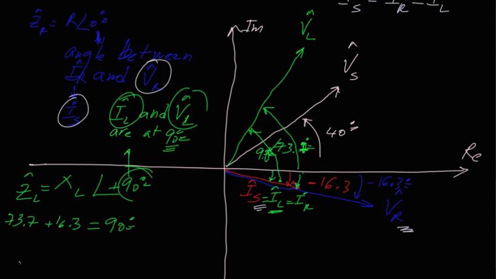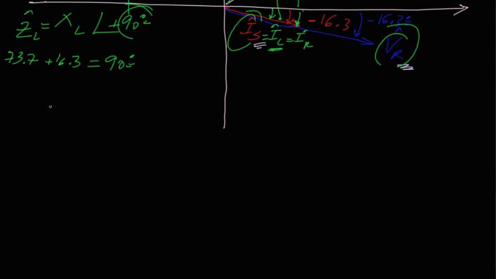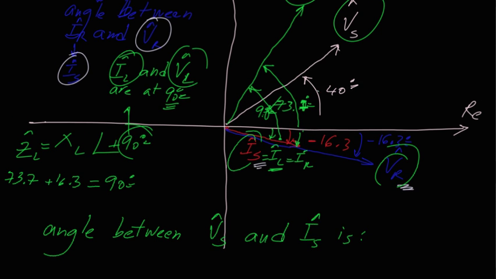Right, the diagram is getting kind of messy, but that's pretty much it. So I have VS, I have IS, I have VR, and I have VL. Everything is drawn in this diagram, and everything squares. The angle between VS and IS is 40 plus 16.3. So the angle between VS and IS is, I got 40 degrees going up and 16.3 coming down.